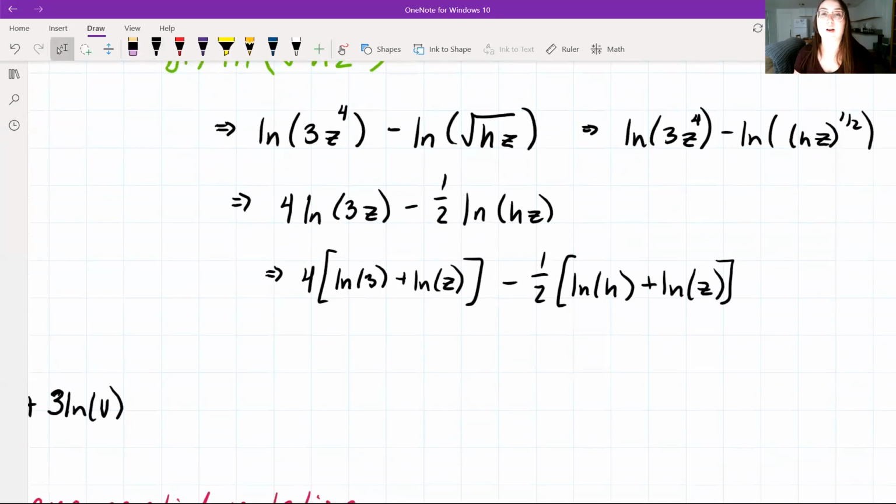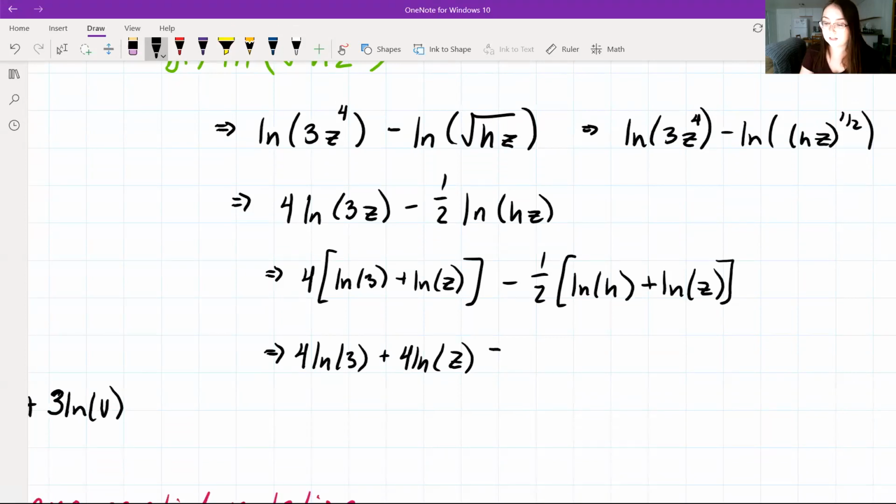And now we want to simplify, so we're going to distribute our values that were being multiplied, and then we'll simplify. So first we distribute, so we get 4 times the natural log of 3 plus 4 times the natural log of z, and then we have minus 1/2 times the natural log of h minus, because remember this subtraction sign is applying to both terms in our brackets here.